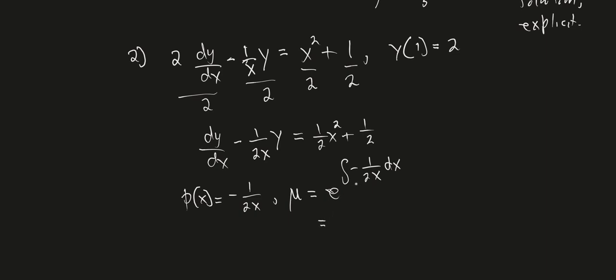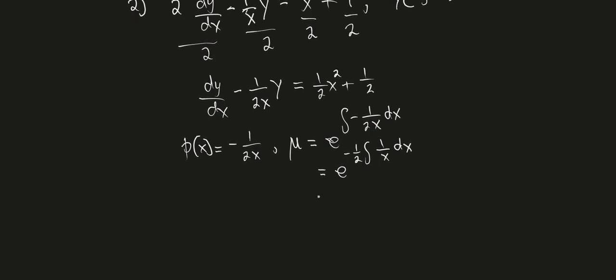Now what we can do is we can take out the negative 1/2, so put that in front of the integral, and then I have the 1 over x inside, and then for that one we end up with e to the negative 1/2. Now the antiderivative of 1 over x, that's our natural log of x.